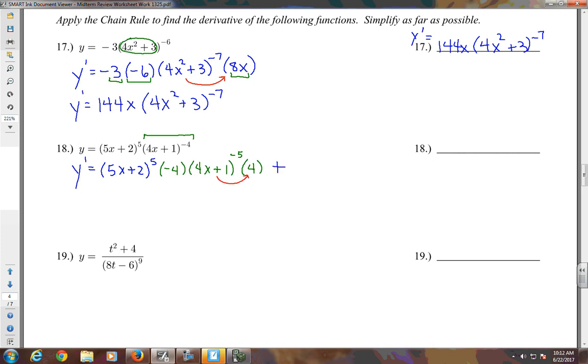So we have the first function kept the same times the derivative of the second, where we had to use the chain rule there, plus the derivative of the first function. Now, applying our chain rule to this first function, we're going to take our exponent 5 down in front as a coefficient. Being very patient here, we're going to keep the base the same, 5x plus 2, and decrease the exponent by 1.